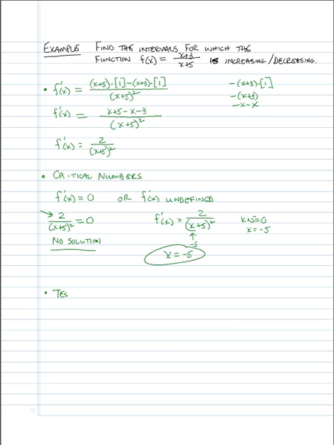We're going to test f prime of x, and based on the test for f prime of x, we find out when we're increasing and decreasing. So here's a number line, here's negative 5, and in here is from negative infinity up to negative 5, and here is from negative 5 to positive infinity.